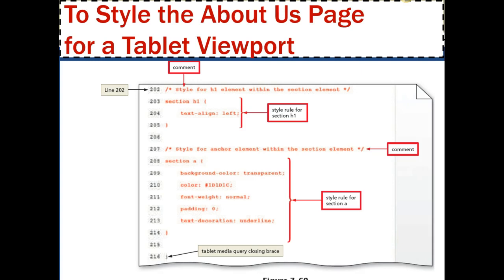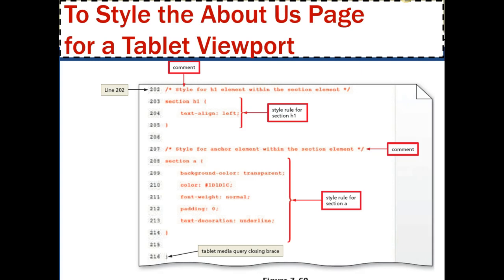And then on line 209, you are typing the background color. And then on line 210, you are putting that value to the color, so you're inserting a new color value. And then on 211, you are putting another property value, font weight to normal. And then on 212, you are putting the padding to 0.